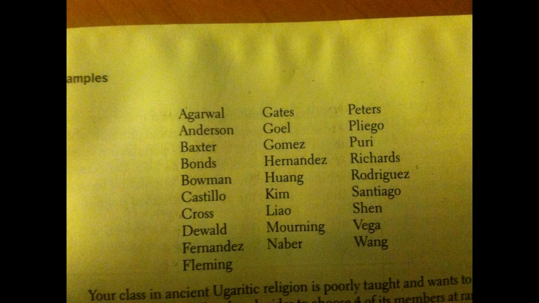So 01, 02, 03, 04, 05. I'm going to do this real quick, and then I'll show you my numbering system. I did it wrong.